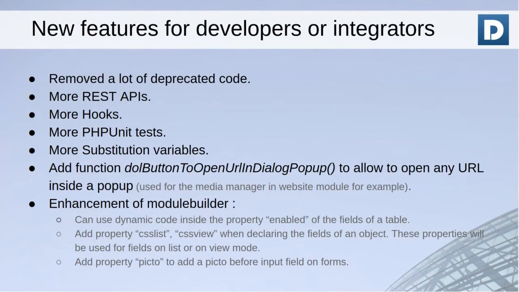There is also a new function called dolButton to open a URL in a dialog pop-up. So if you read the name of the function, you may understand what it is. Let's have a look.